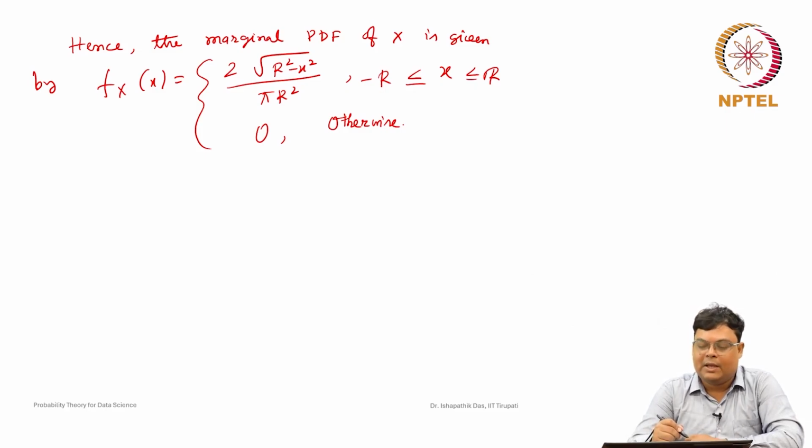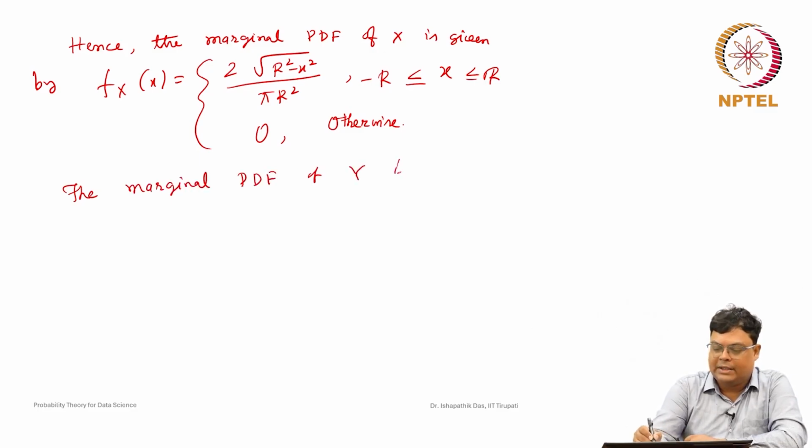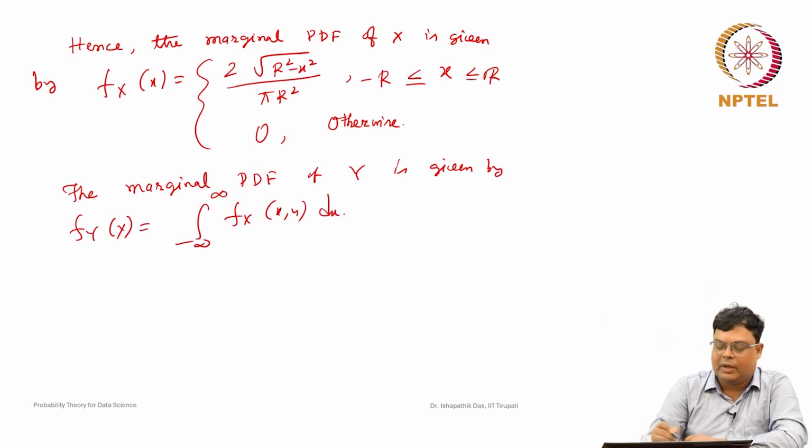Similarly, we can find the marginal probability density function of y also. So let us do the computation again. The marginal probability density function of y is given by the integral from minus infinity to plus infinity, and in this case we do the integration with respect to x.